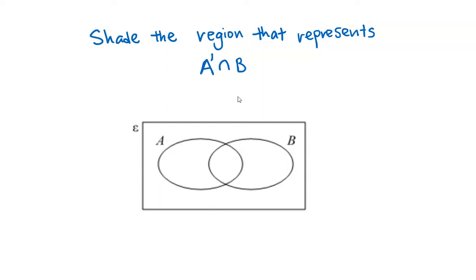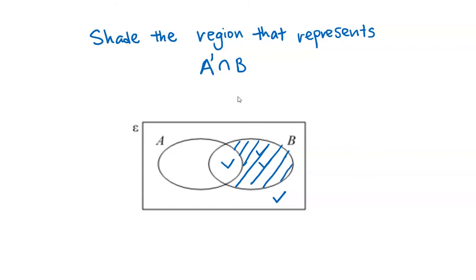So I'm going to put a tick for here, as well as here. Then next I'm going to put a tick for regions in B. And remember that intersection means I am shading regions with two ticks. So I am shading this region only.